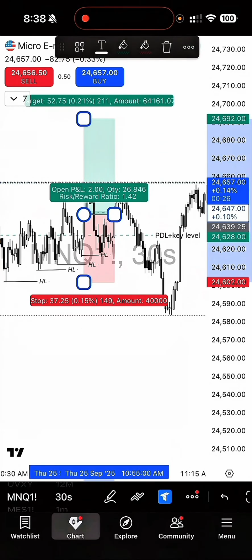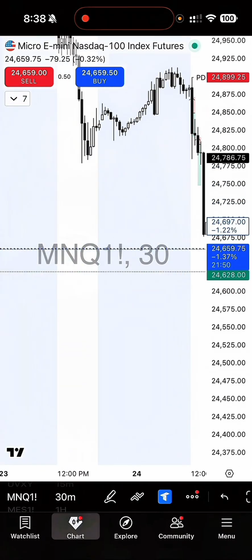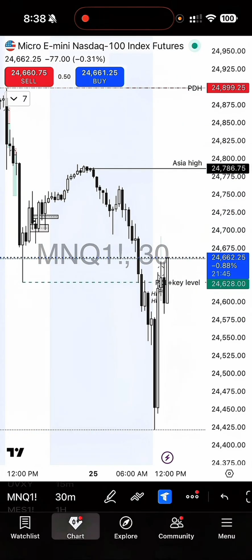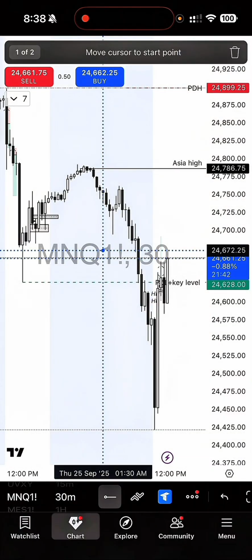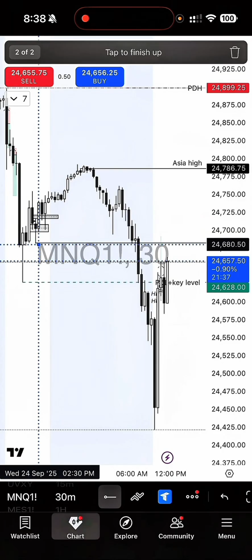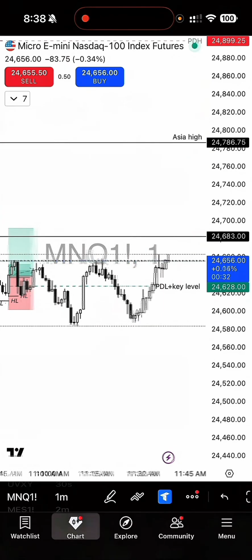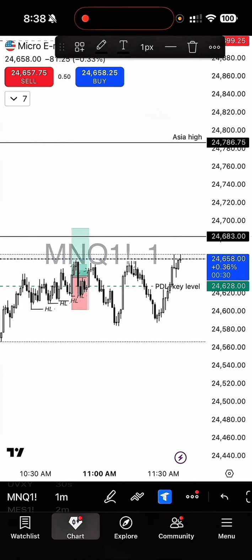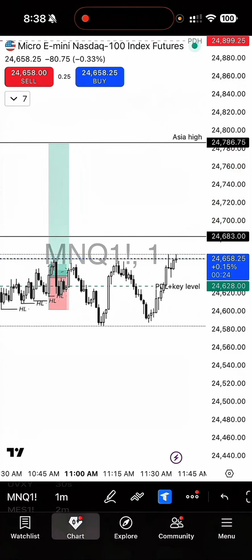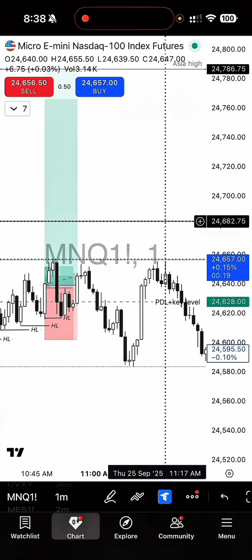I was targeting this area. I was targeting this one or this one of them to be taken out, so either the Asia high, and then I was also planning on bringing my stop loss to break even once we break this area.